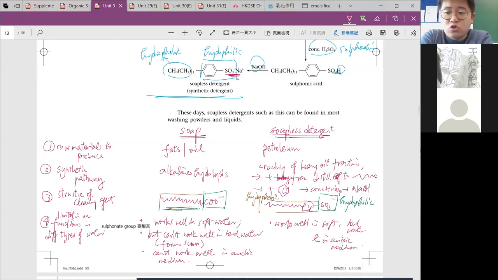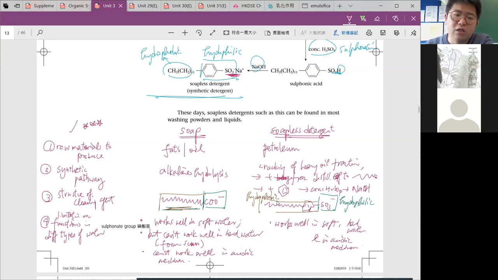One of them is soap, the other one is soapless detergent. Questions? Any questions? Yeah, good. So remember this comparison table for further use. Okay, you better put it inside your book as well. While you have a consolidation of ideas, right?